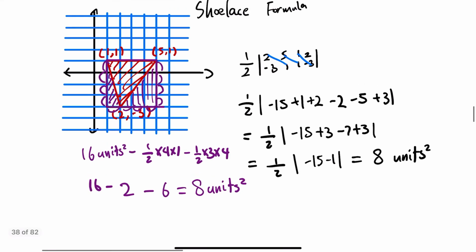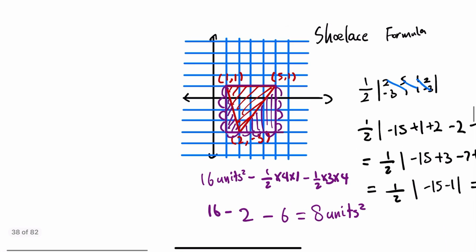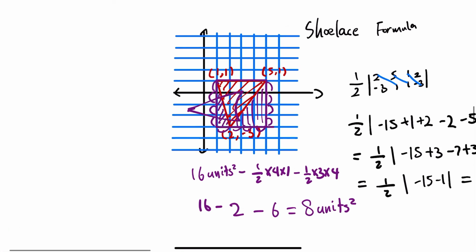So this sort of proves that, or it doesn't prove, but it shows us that it works. It may be useful sometimes because, you know, when the triangle is like crazy, you might not want to subtract.